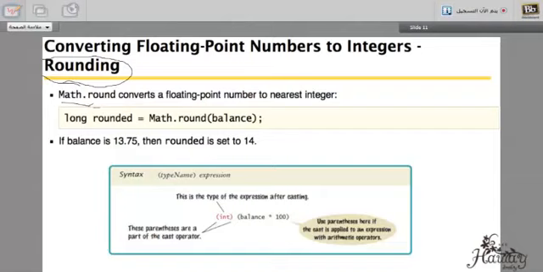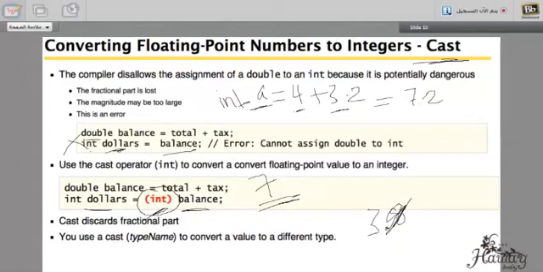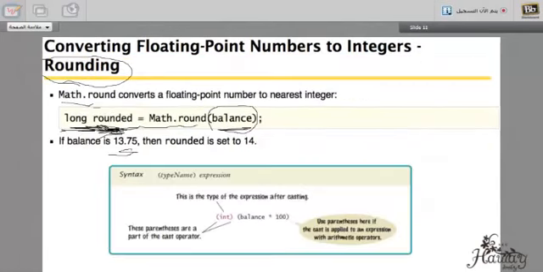So if you have a variable, you say long round equals Math.round with a capital M, and then you state the variable that you want to convert. So if the balance is 13.5, it will give you the answer 14. So you have two methods of converting the variable that you have.